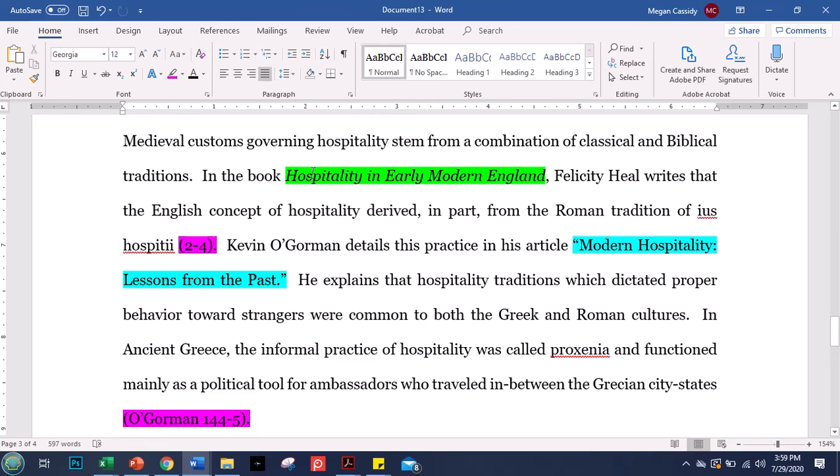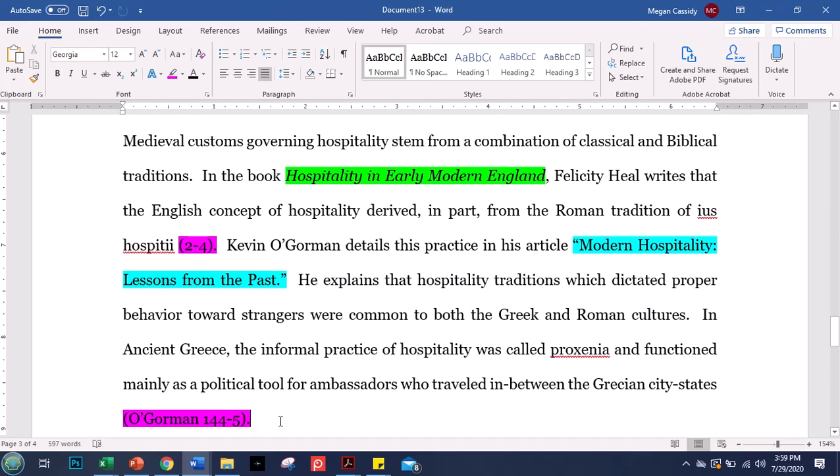First, this is a book, so it's in italics. This is an article, so it's in quotation marks. All of the major words, modern, hospitality, lessons, and past, are capitalized. From and the are not. Same thing here. Hospitality, early, modern, and England are all in caps. In is not. And I have the citations.